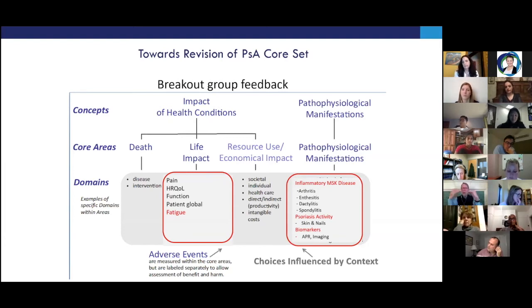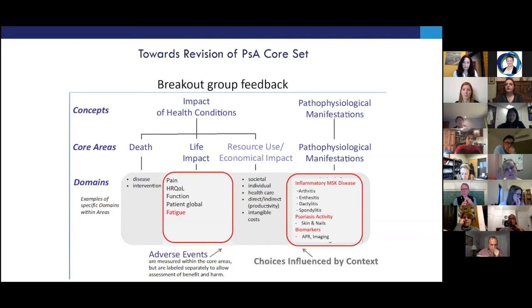The next step beyond creating a core set is to create a core outcome measure set. So once you've defined what are the key items that constitute a disease, how do we best measure those? And then looking at that in all of the appropriate psychometric ways. Are we measuring what we think that we're measuring?